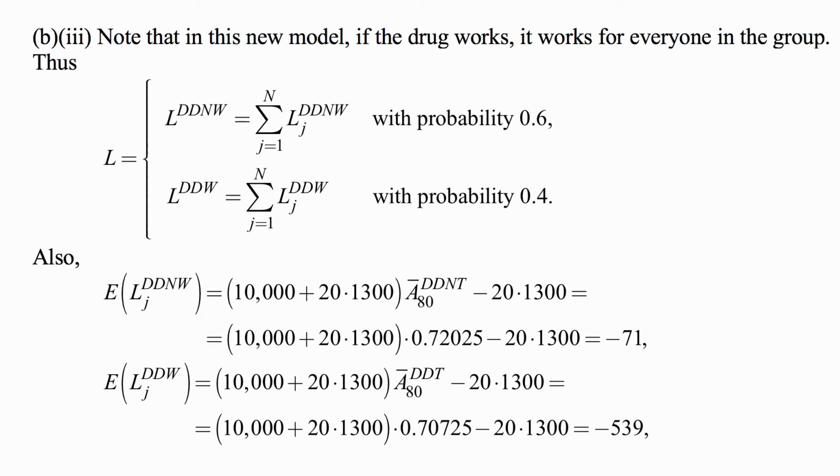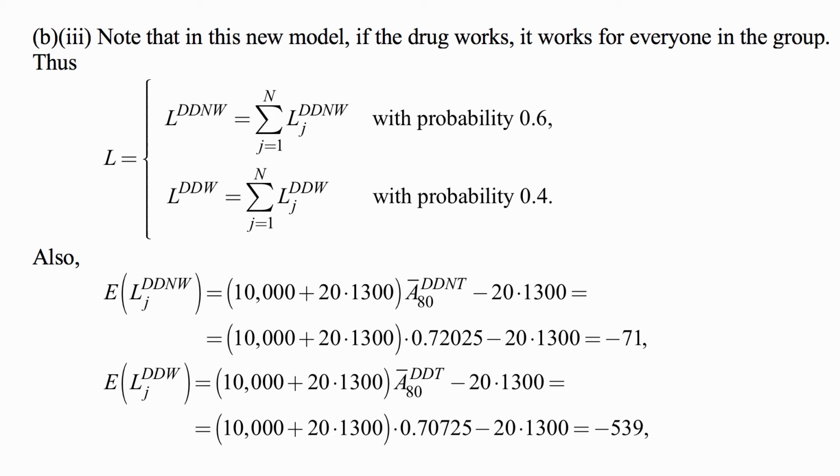For the next part, it's important to notice that in this new model, if the drug works, it works for everyone in the group. So the prospective loss is either LDDNW, which is the sum of LjDDNW, with probability 0.6, or it's the sum of LjDDW with probability 0.4.